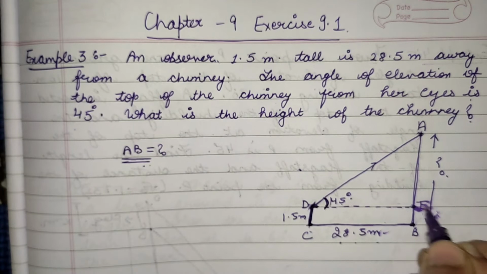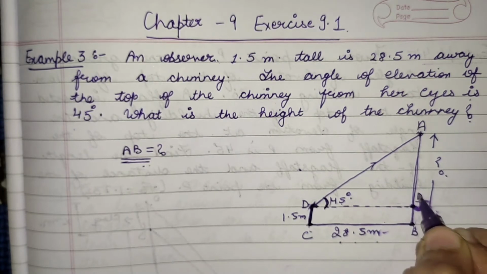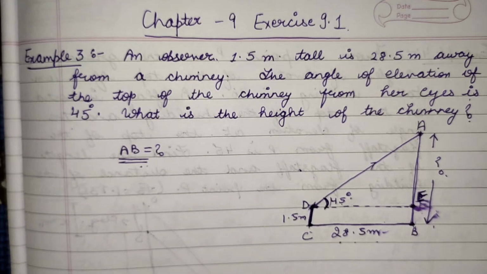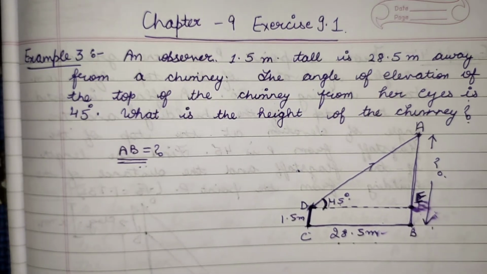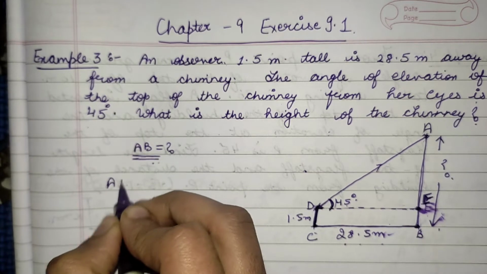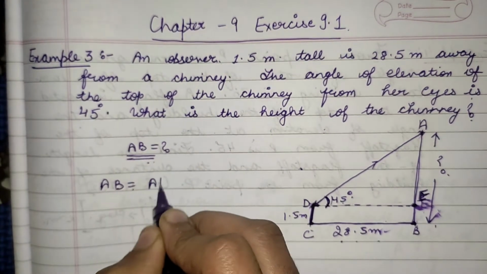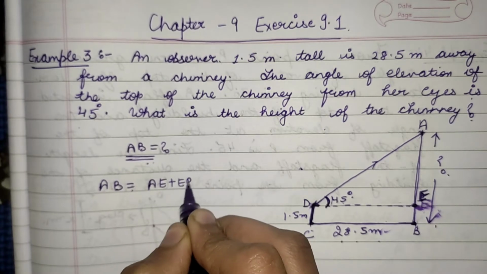Okay. So let us suppose this point is my D point, and suppose another name AE. Right. So what is this? By the figure you can see very clearly that AB is equal to AE plus EB.